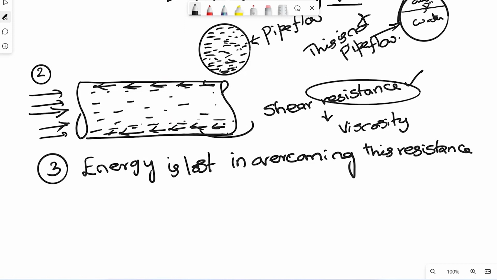So whatever the flow energy is there, it has to spend certain energy in order to overcome this resistance. So energy is lost in overcoming this resistance.